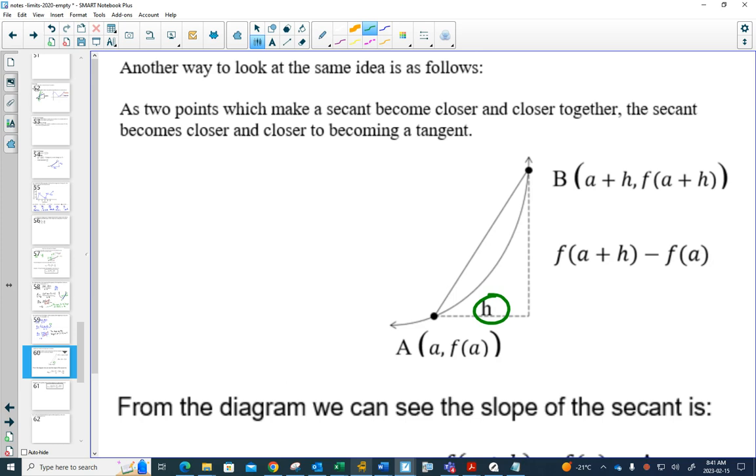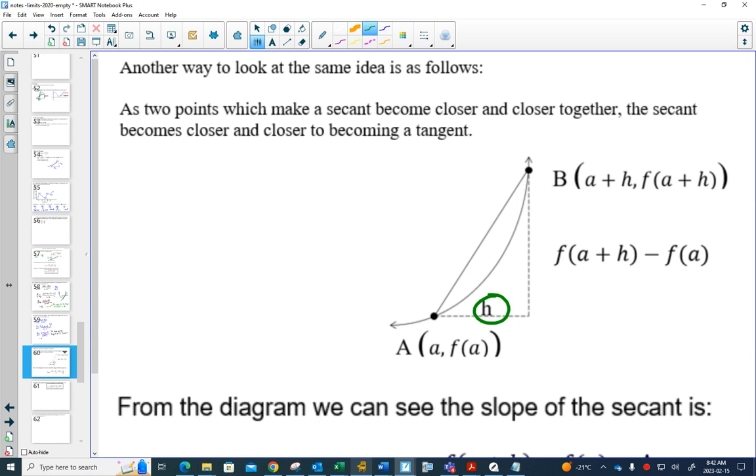So instead of having a point x and a point A, we have a point A. We call this distance h. Does it make sense that this other point then is A plus h? So we're going to do exactly the same process with a little different perspective.